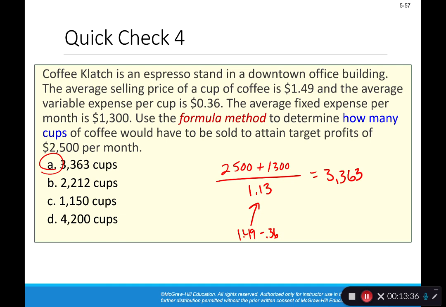Now, the next answer is probably going to ask me, what's the answer in dollars? So even before we get to that, if I just multiply by $1.49, I get 5,010. 5011 rounding.